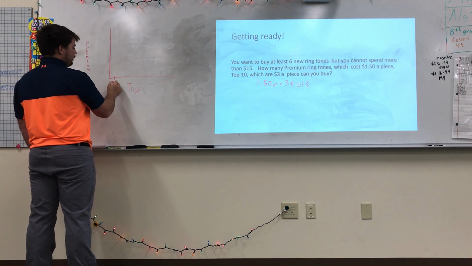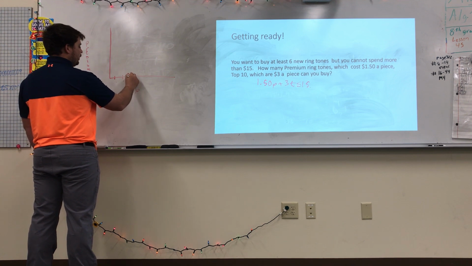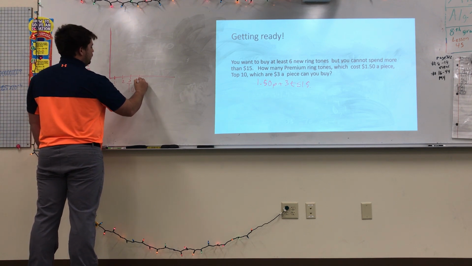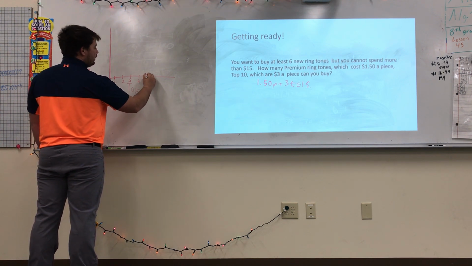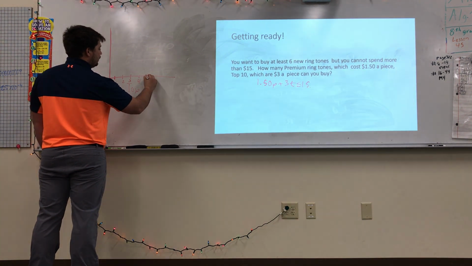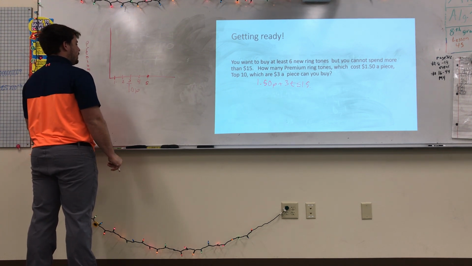So with 1 top 10, we're at $3. 2, we're going to be at $6. 1, 2, 3, 4 is going to be $12. 5 is going to be $15. So right here, that's going to be the most we can get of this.